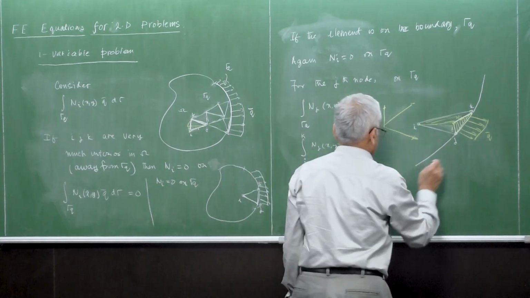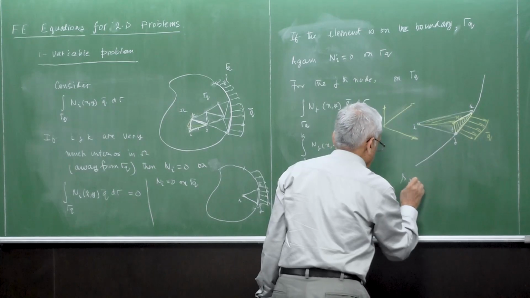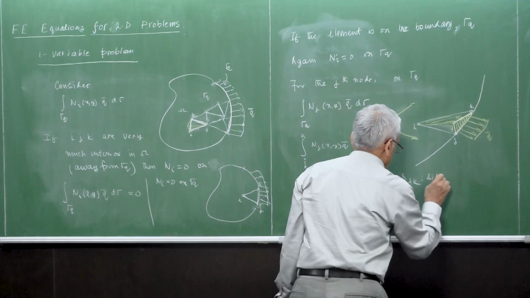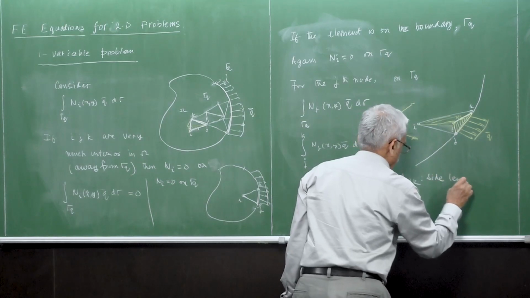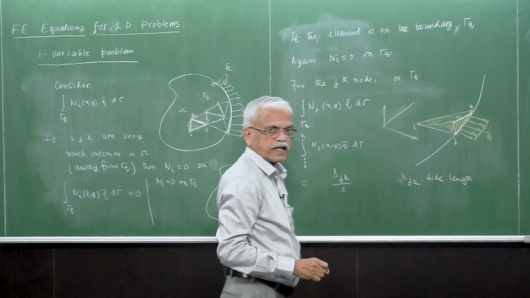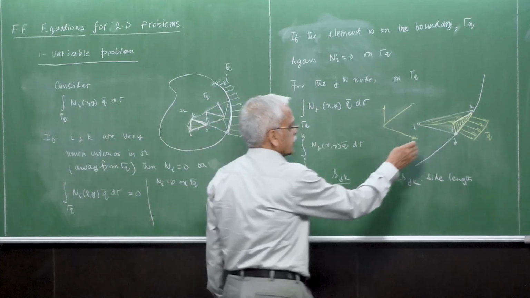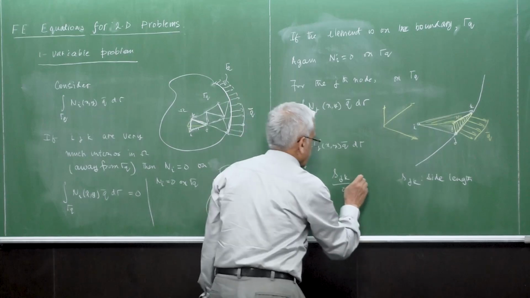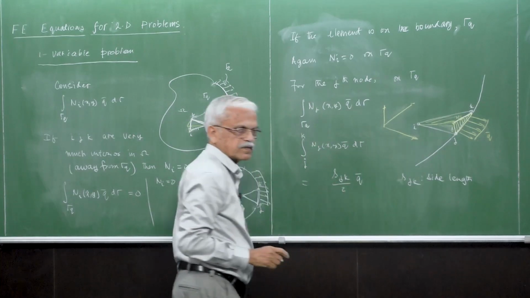Sjk is the side length, and integration is of course by half, and you have q bar.